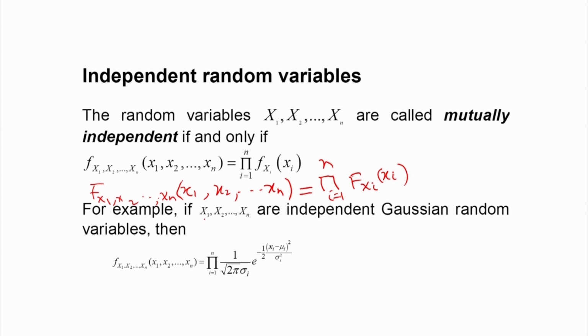For example, if X1, X2 up to Xn are independent Gaussian random variables, then we can write this joint density as the product of the individual Gaussian densities, with respective parameters mean mu_i and variance sigma_i squared. So, we have defined independent random variables.